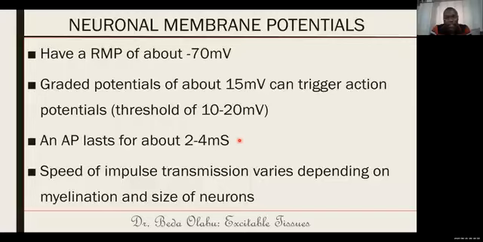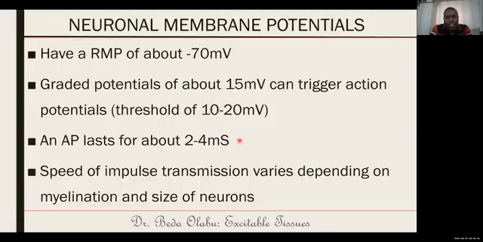If the axonal diameter is wide, it will transmit signals faster. If the neuron is myelinated, it will also transmit signals faster. So myelinated neurons with wider diameter will be the fastest. Unmyelinated neurons with narrower diameter will be the slowest.